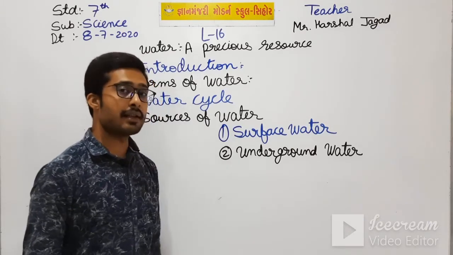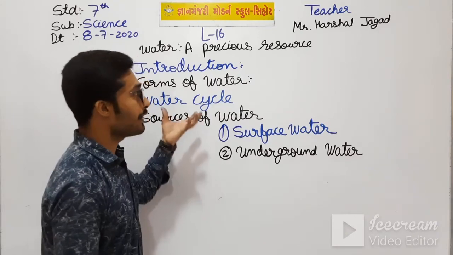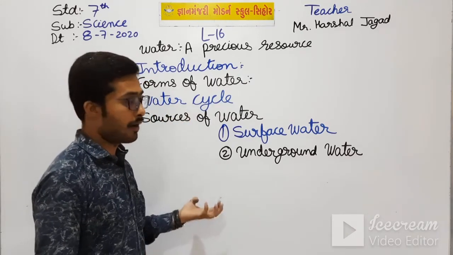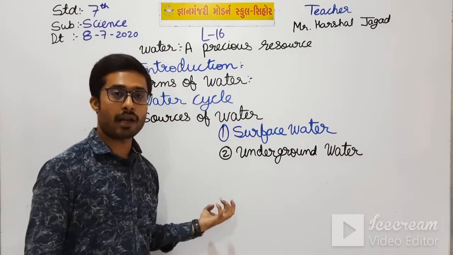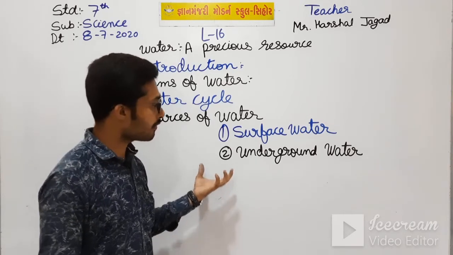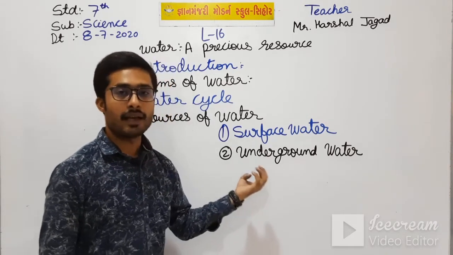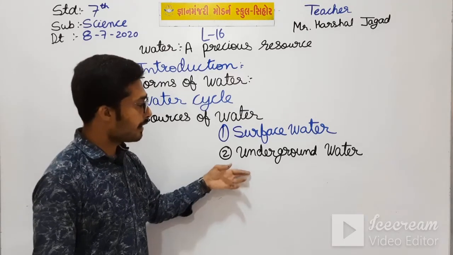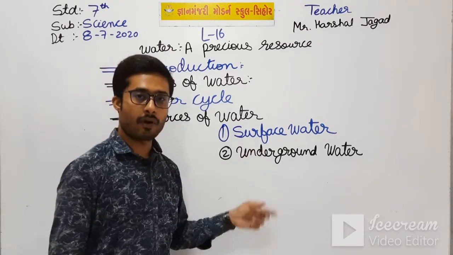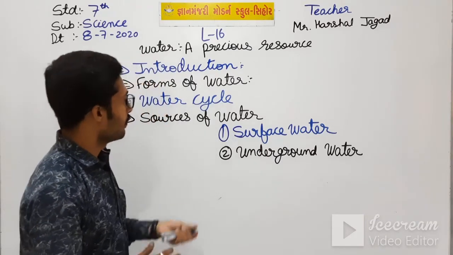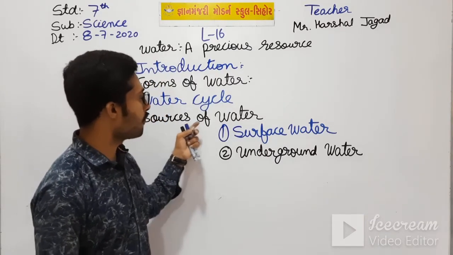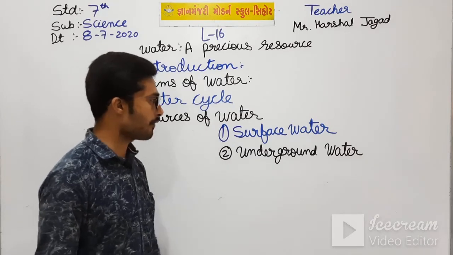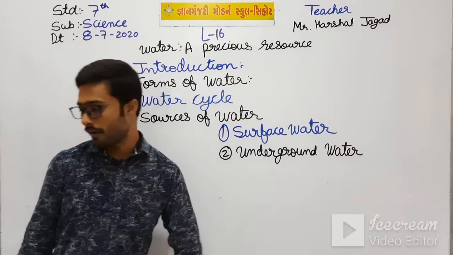And how is the underground water formed? When it rains, the ground absorbs the water. 50% of water is absorbed by the ground and it is mixed with the soil and it forms the underground water. Okay students, so in the sources of water we have seen this surface water and underground water.